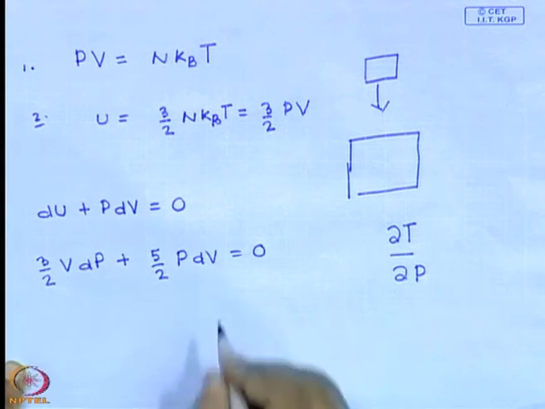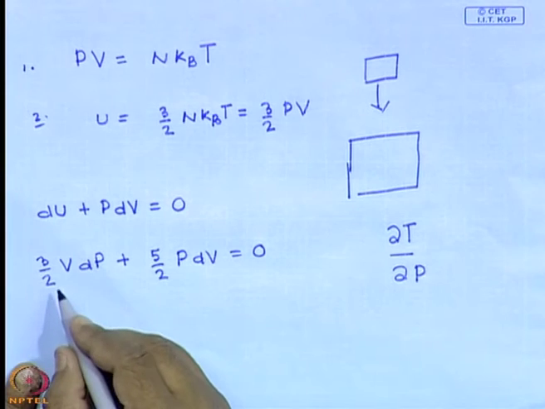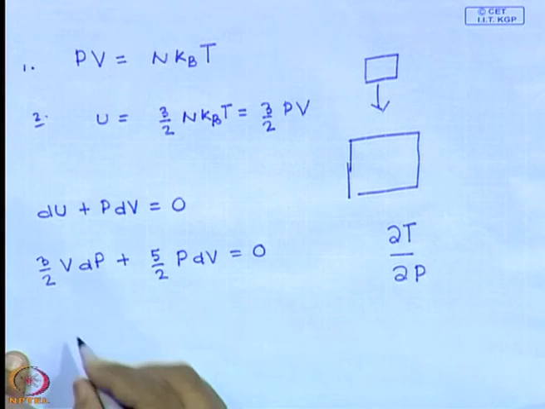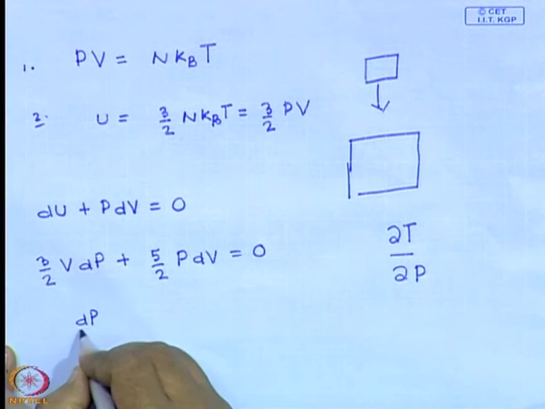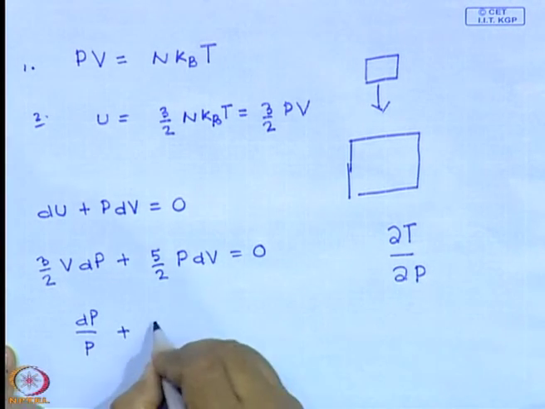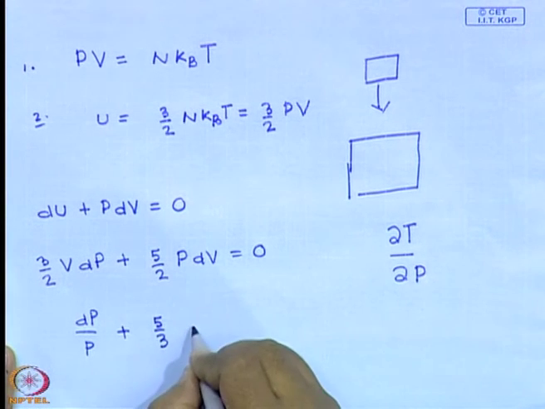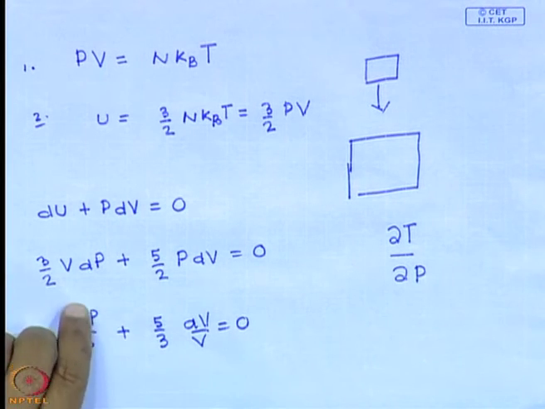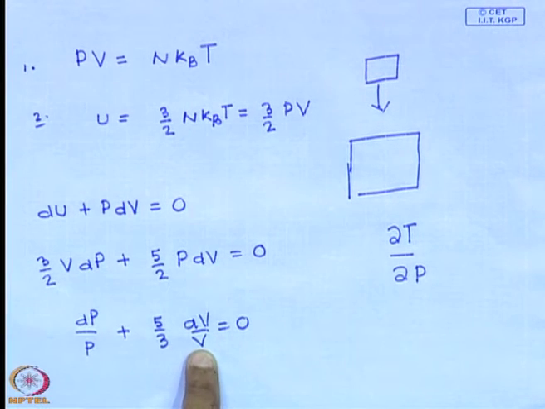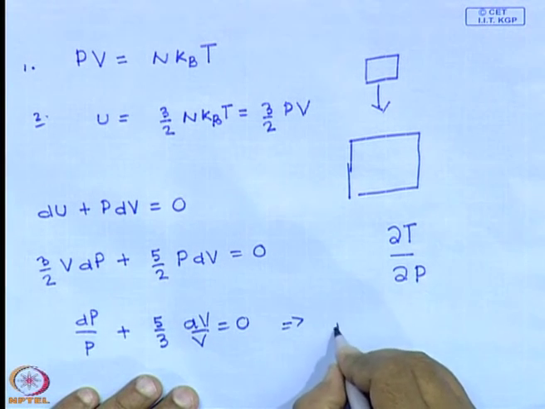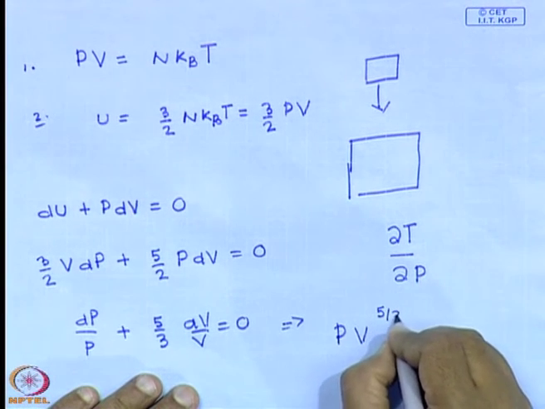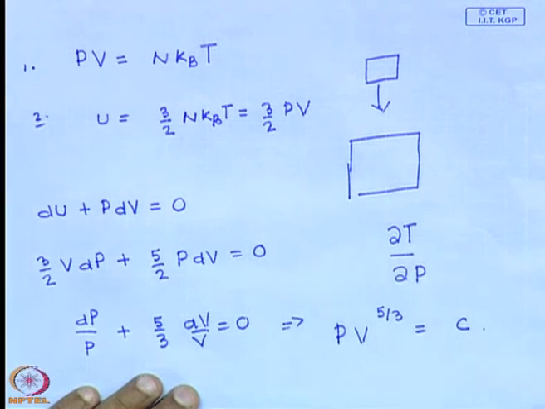Here we can divide throughout by P into V, and what we get is dP by P plus 5/3 dV by V is equal to 0, and this we know is log P, this is log V. So, what this tells us is that P V to the power 5/3 is a constant.